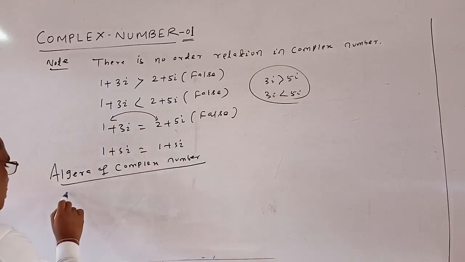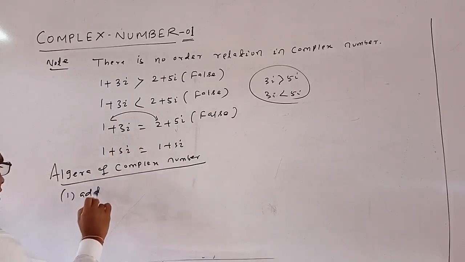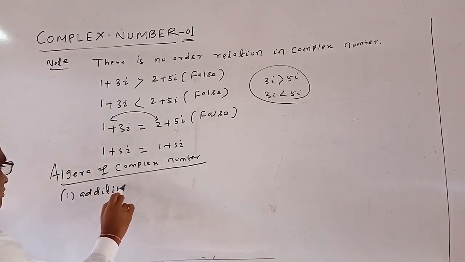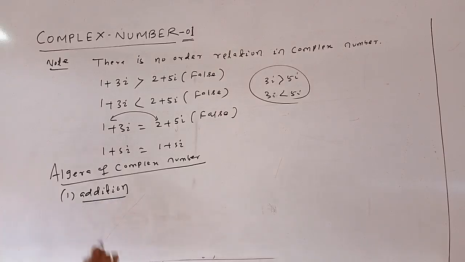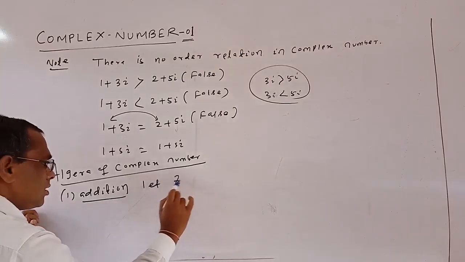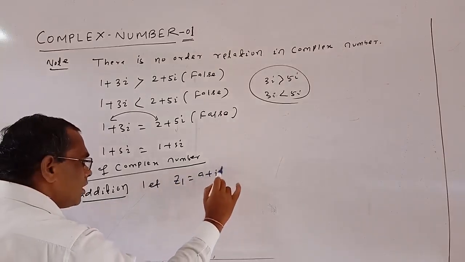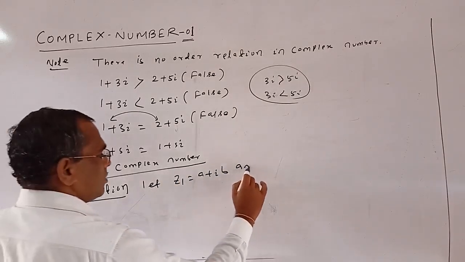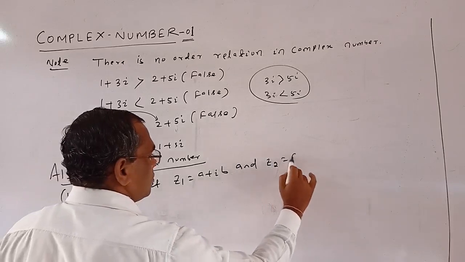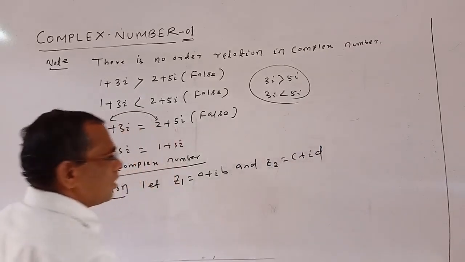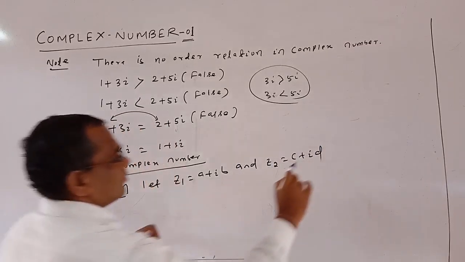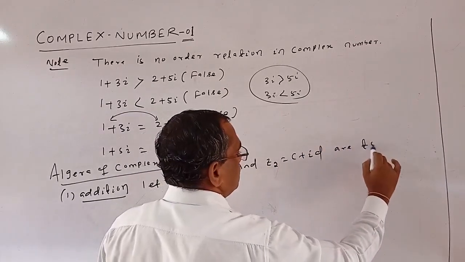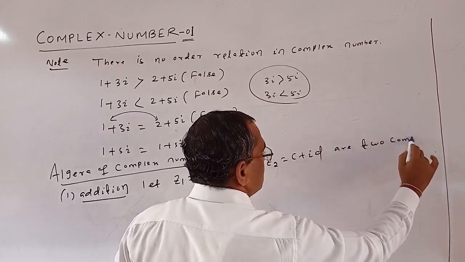First, addition. Let z1 equal to a plus ib and z2 equal to c plus id be two complex numbers.